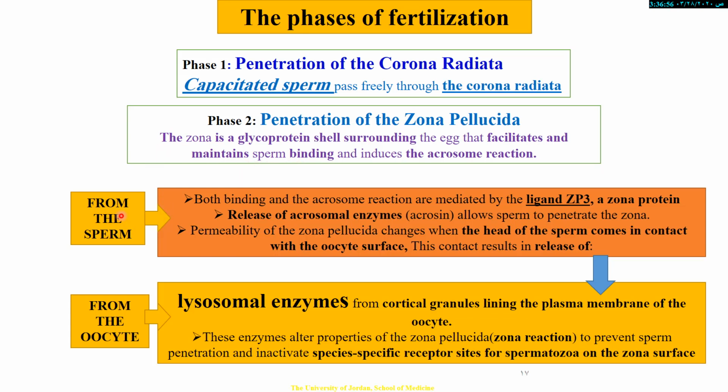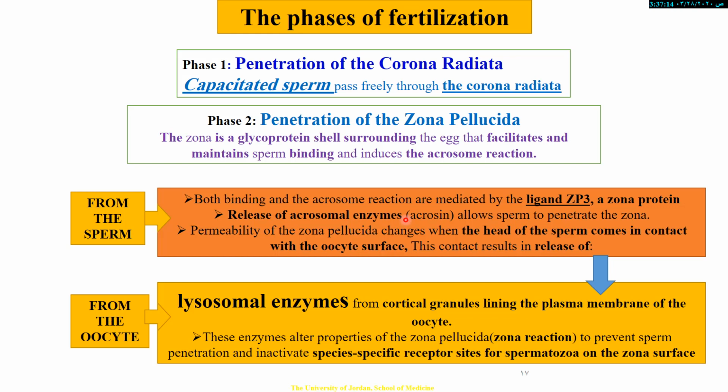Now, the sperm, as it reaches the zona pellucida, binds to the ZP3 receptor. This is a zona protein. Then release of acrosomal enzymes.